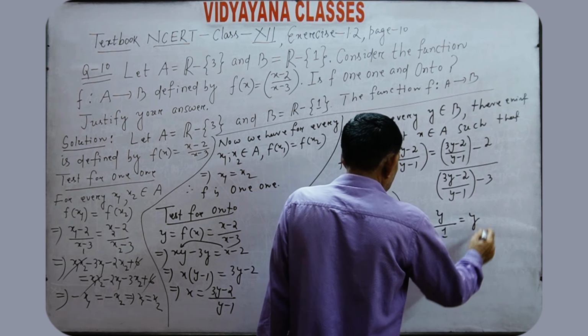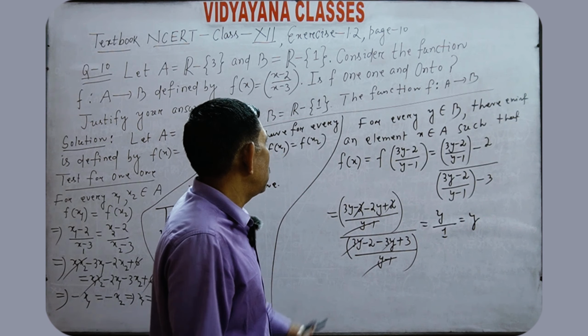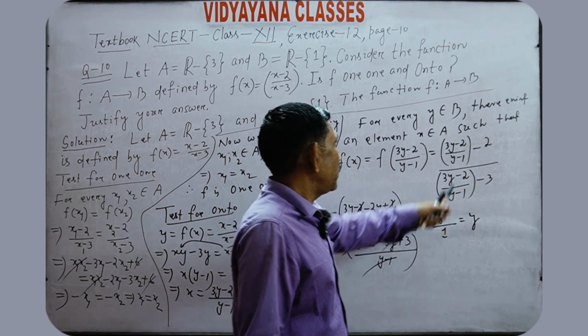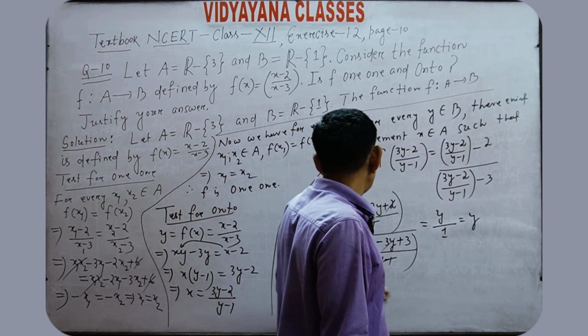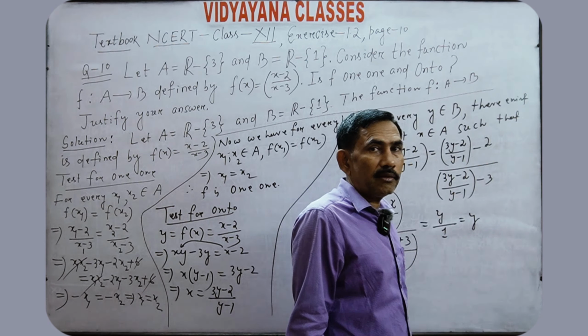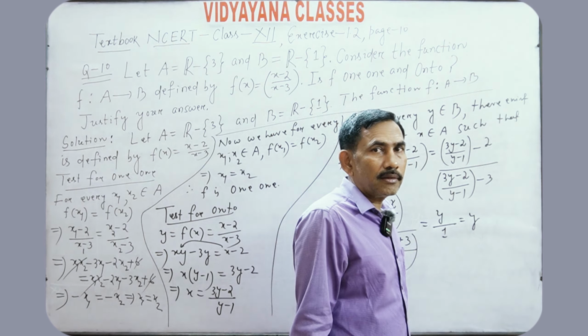So it is equal to y. For every y belonging to B, there exists an element x belonging to A so that f(x) is equal to y. It is the definition of surjective.